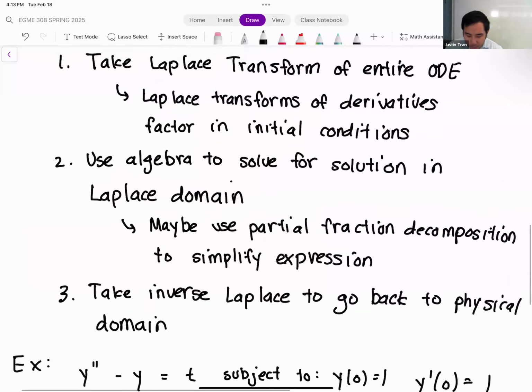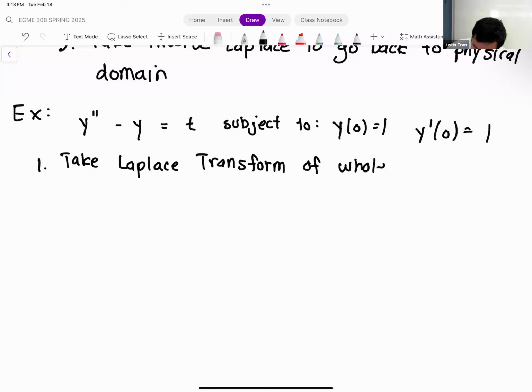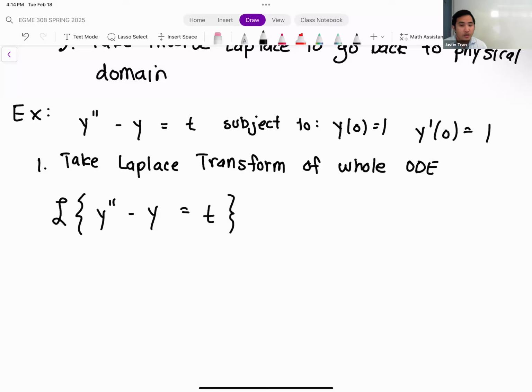Let's apply our three-step process that we have up here. Step one is to take the Laplace transform of this entire equation. So we're going to take the Laplace transform of y double prime minus y is equal to t.